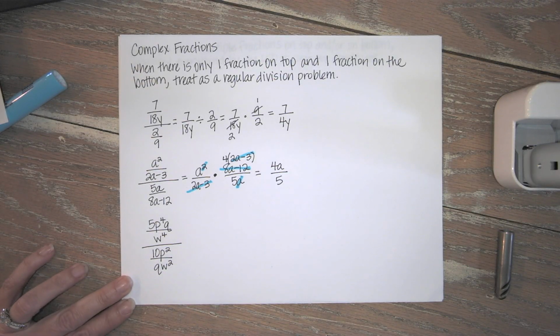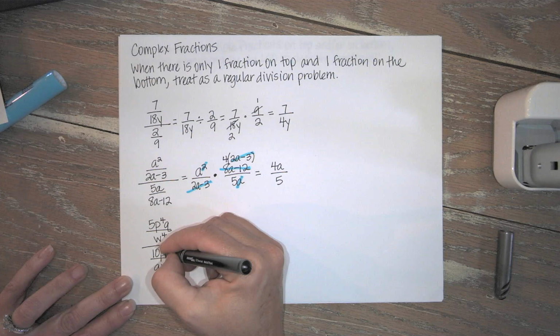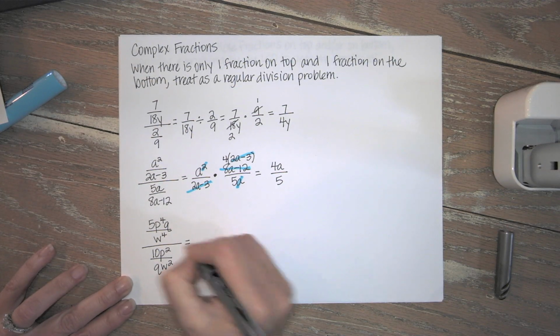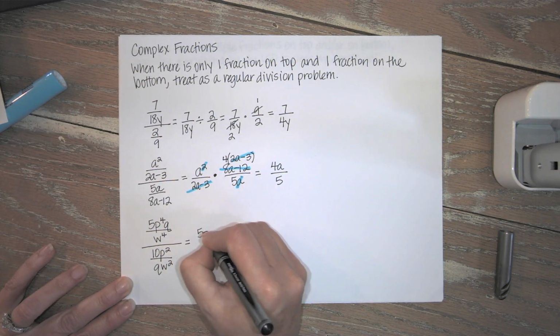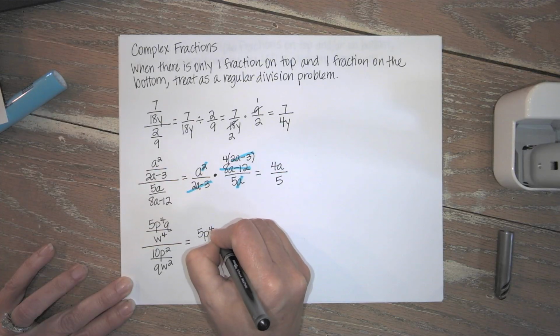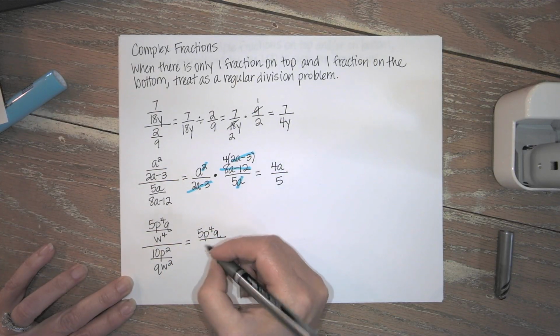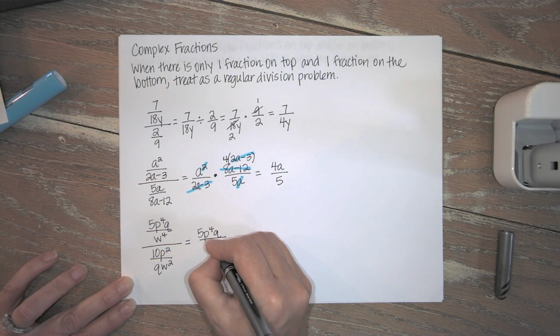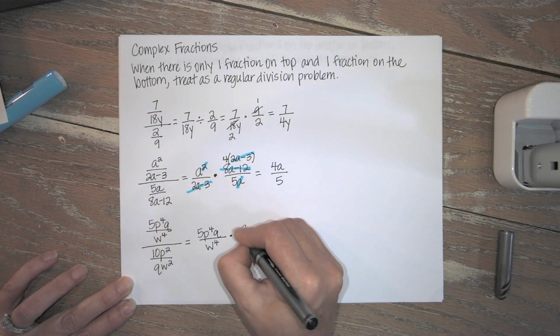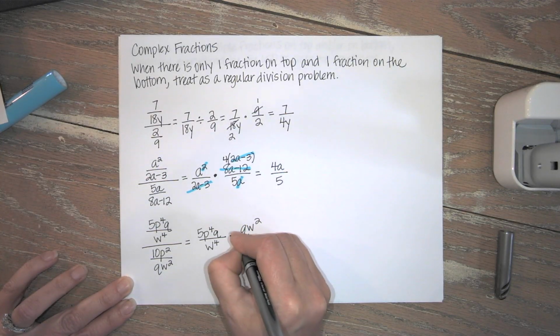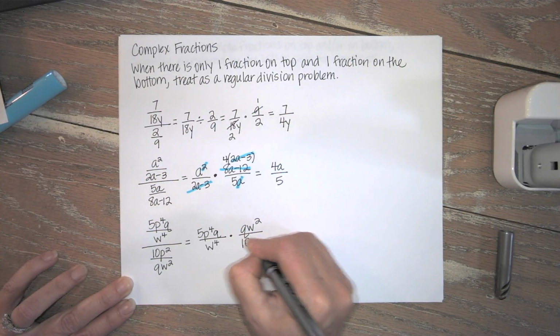This is just a division problem. The top fraction divided by the bottom fraction. We're going to rewrite it as multiplying by the reciprocal. So I have 5p to the 4th q over w to the 4th times qw squared over 10p squared.